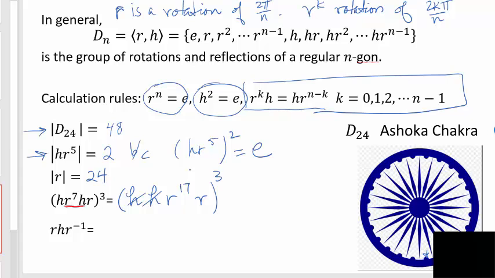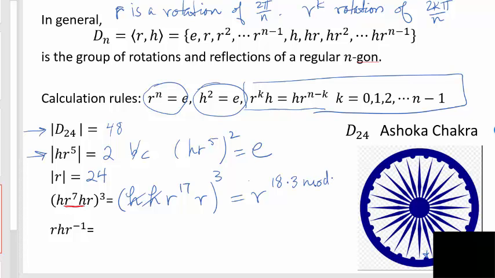Now the HH is the identity in any dihedral group, so this is equal to R to the 18th cubed, so it will be 18 times 3. But remember, this is mod 24, so I'm going to write that here.